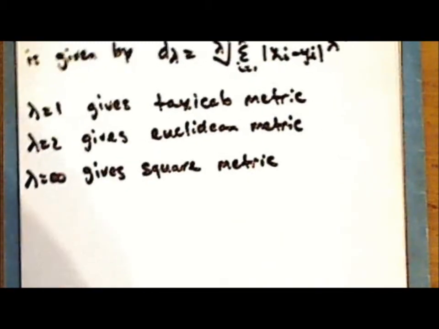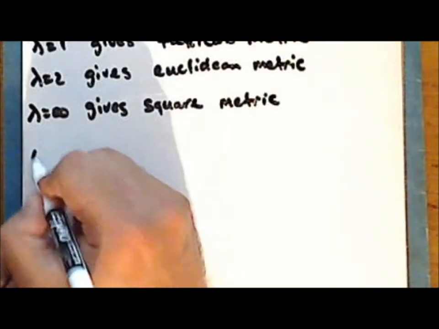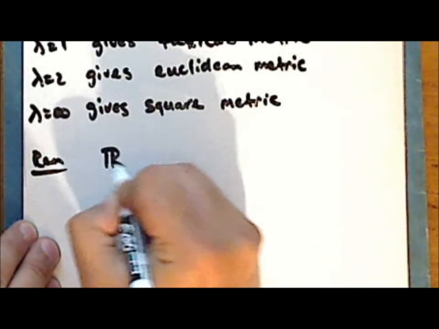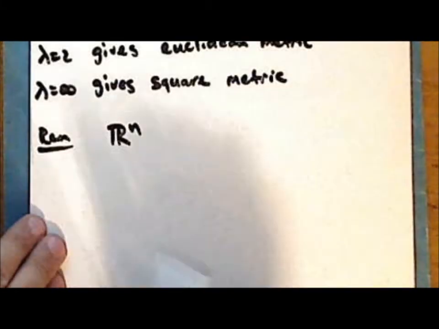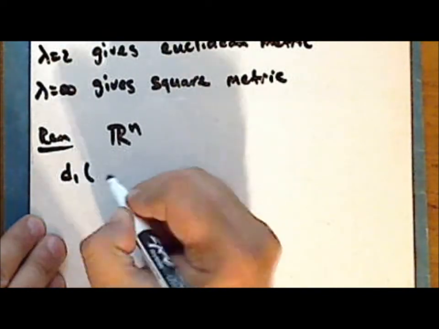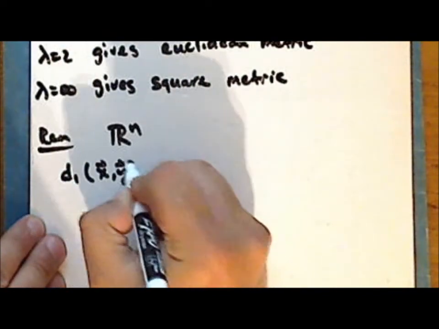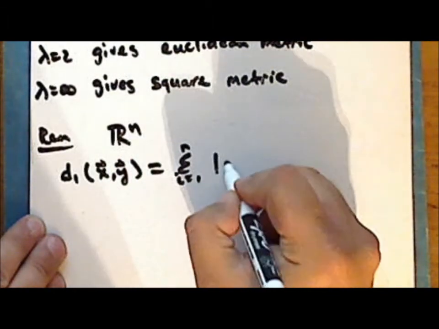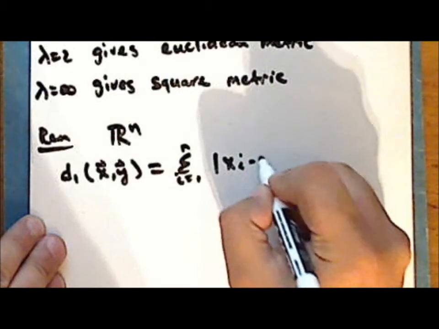Now, what I'd really like you to notice at this point is that in finite dimensional real space, we'll compare the three metrics. The taxicab metric is the sum of the absolute value of the differences of the components.